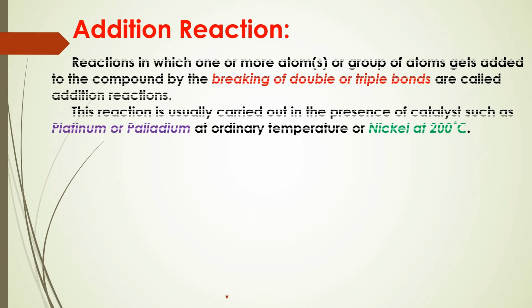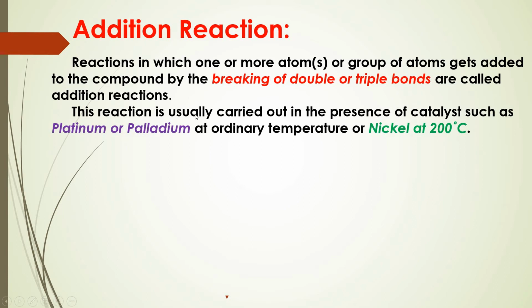Now let us see addition reaction. Addition reactions are those reactions in which one or more atoms or groups of atoms get added to the compound by the breaking of double or triple bonds. So the reactions in which extra atoms or groups of atoms are added to the compound are called addition reactions.